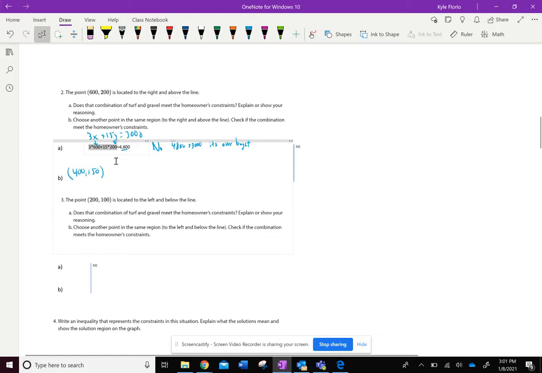I'm just going to copy this so I don't have to type it again. So instead of 600, it's going to be 400 square feet of gravel and 150 square feet of turf. So multiply that by the $15 for each square foot of turf, multiply that by the $3 for each square foot of gravel. And that's going to come out to $3,450. That's still over budget. That's still over $3,000.